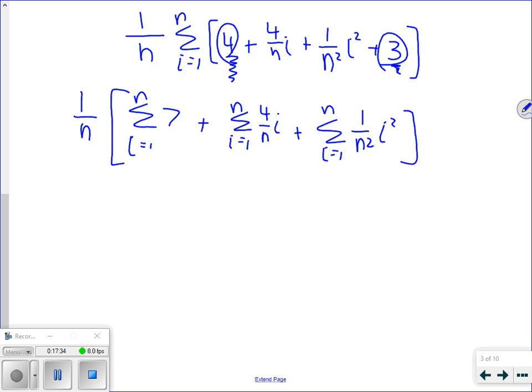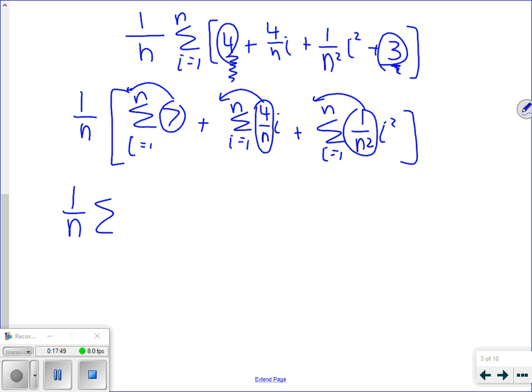And then remember what we did after we separated this, and some of y'all have done this in the same step, but we can pull out the constants. Okay, everything but i. So then the last thing, what I'm left with is 1 over n, and then I got the 7 pulled out on the outside of this first summation.